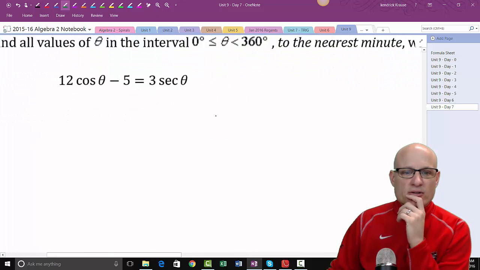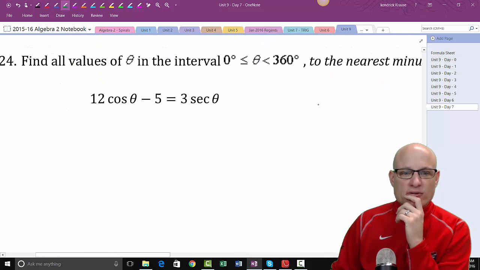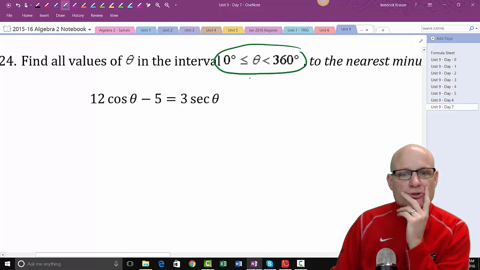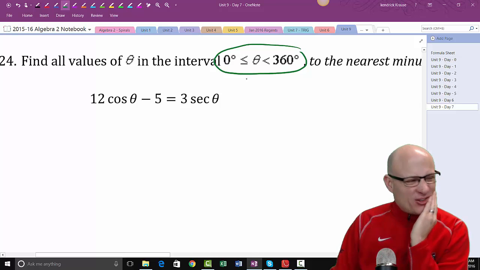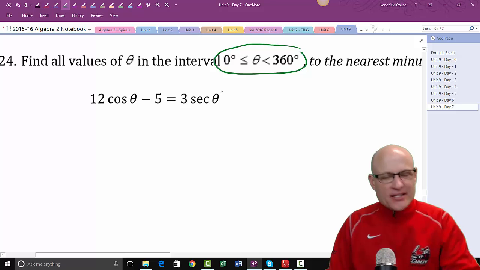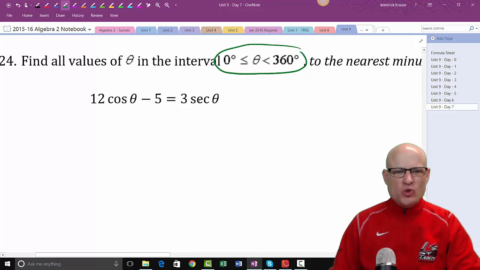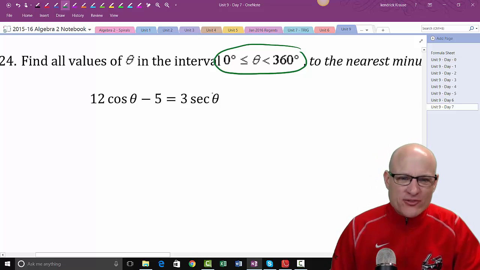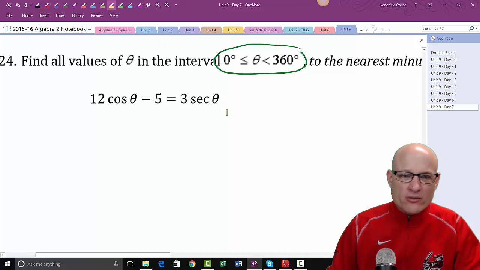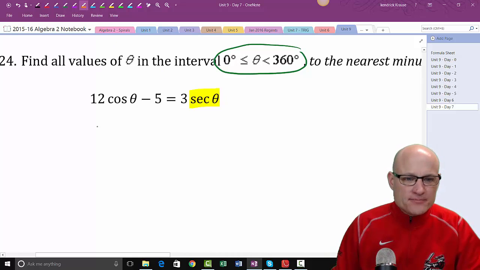All right, here we go again. So we can't include 360 on this one, just as a heads up. I can only replace squares and 2 angles. I don't have that, but I have this thing, which is really annoying. Secant. I hate secant. So I'm going to replace that.